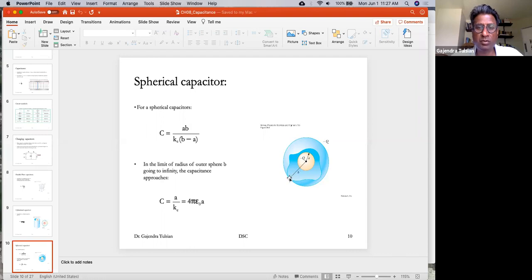As B goes to infinity, this expression will reduce to just A over Coulomb's constant, or 4 pi epsilon naught A. So for a single spherical conductor, the capacitance is 4 pi epsilon naught A, whereas the other conductor is assumed to be at infinity.